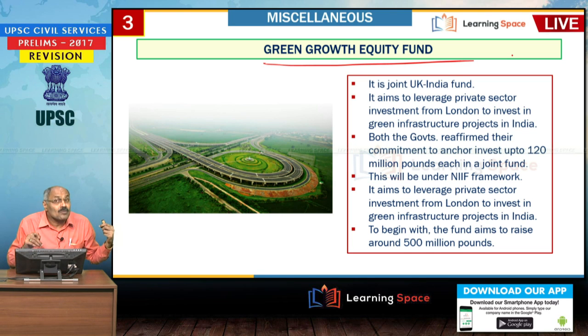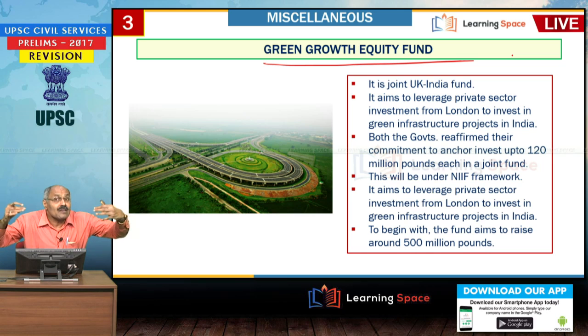All of you might have read the news item that UK and India jointly launched the Green Growth Equity Fund. What is the meaning of it? It is also just like an anchor investment. Now UK and India each will contribute 120 million pounds.